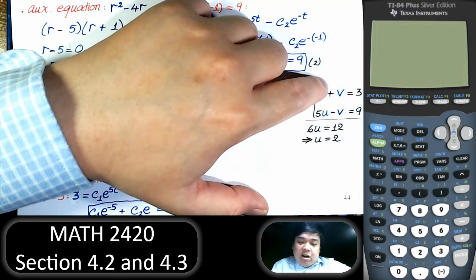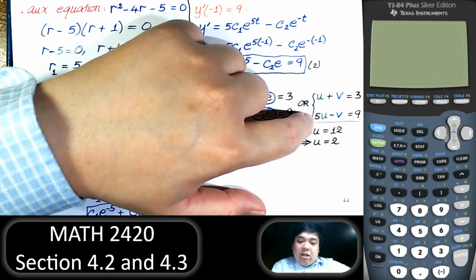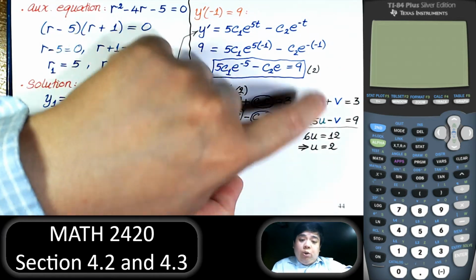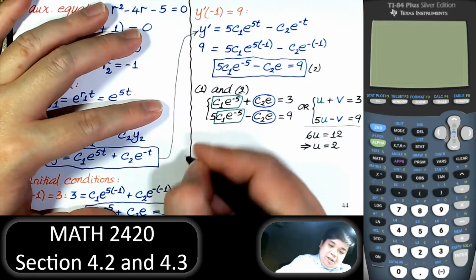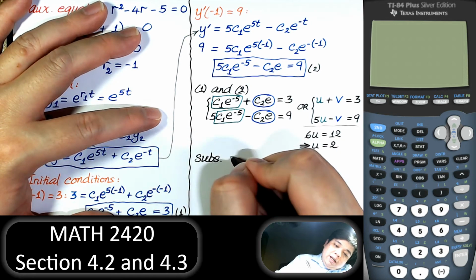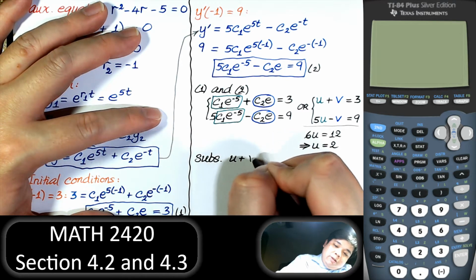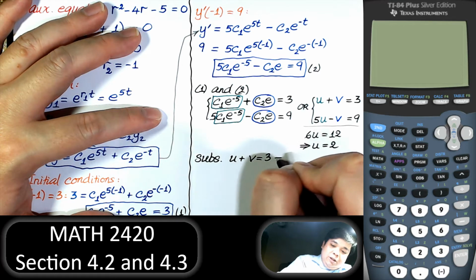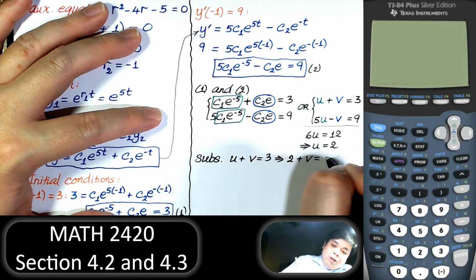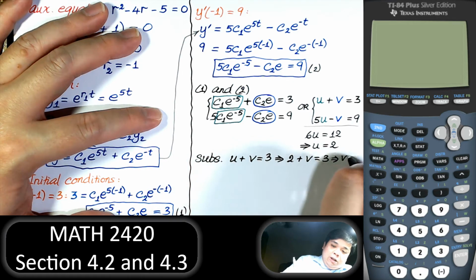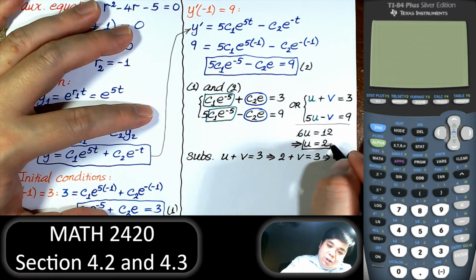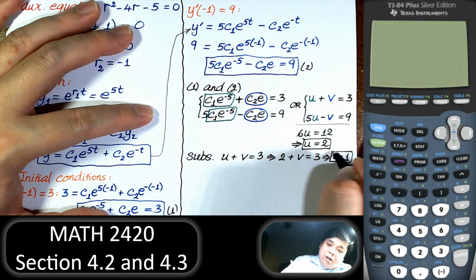Now if u equal to 2, substitute back in here. u plus v equal to 3, so u is 2, plus v equal to 3, so v is 1.